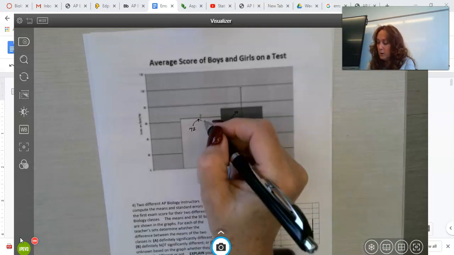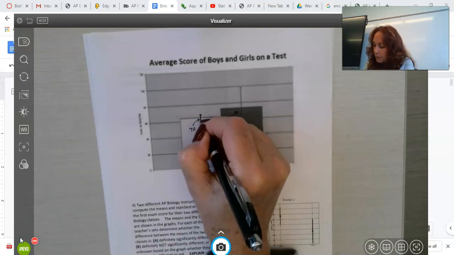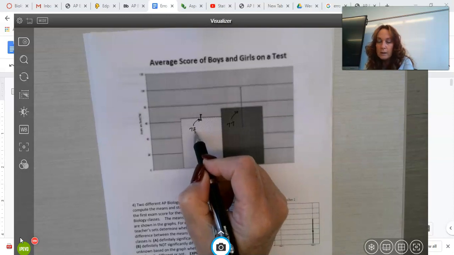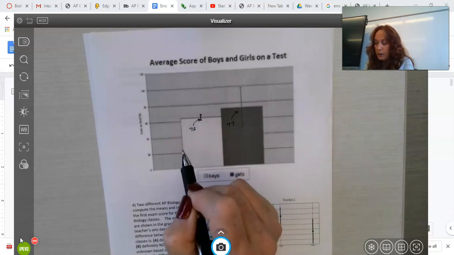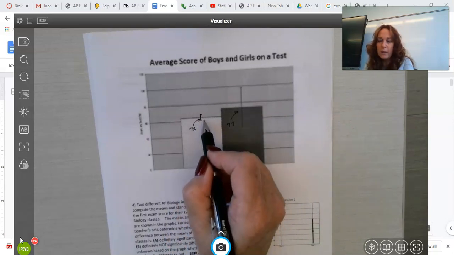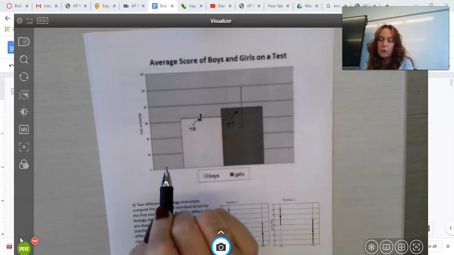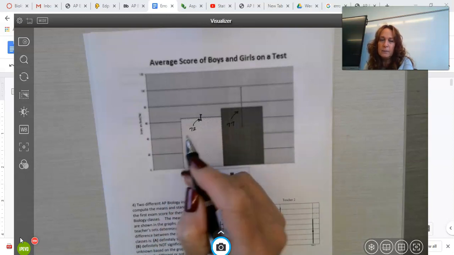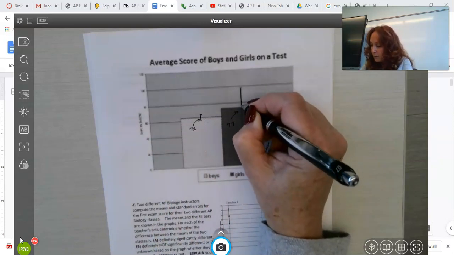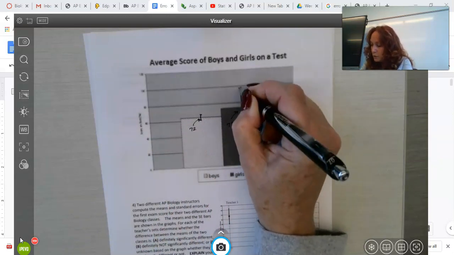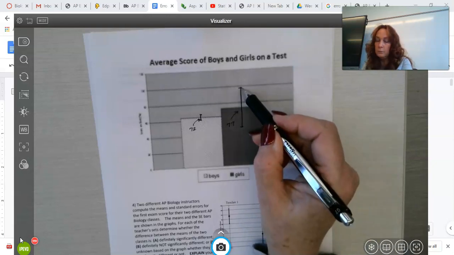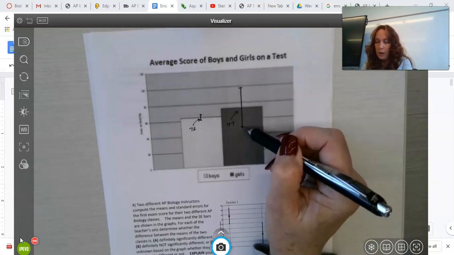She's wrong. Because when you look here, first of all, the boys all scored really close with each other. There's not a lot of variation. The boys are pretty much all scoring 72. The girls, on the other hand, are all over the place. Their scores range from really good to really awful.